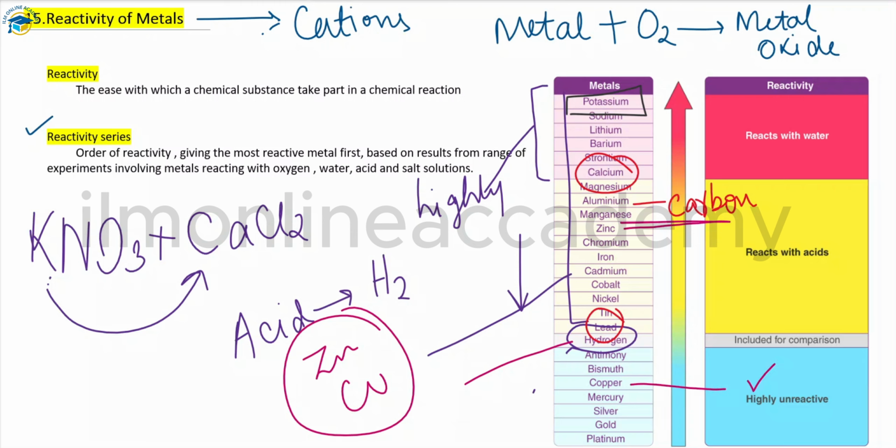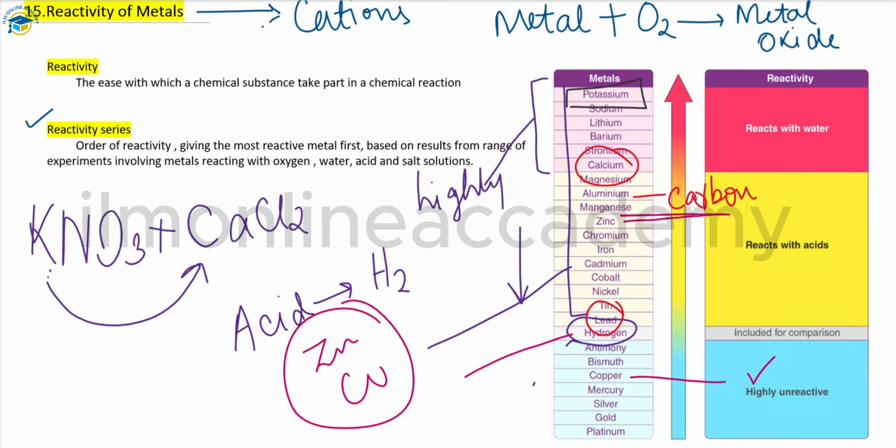You can easily see that zinc is more reactive as compared to copper because zinc is present above the copper, right? So zinc can easily displace copper in this reaction because, in the displacement reaction, the two metals are in direct competition, and the one which is more reactive displaces a less reactive metal from the solution of its salt. So zinc will replace the copper, but copper will not.